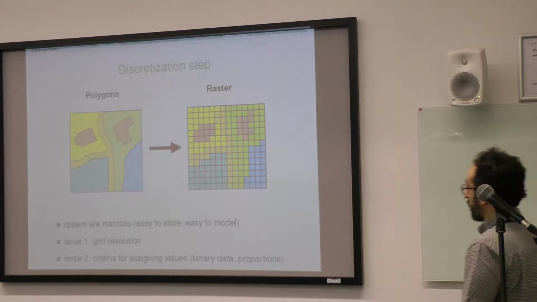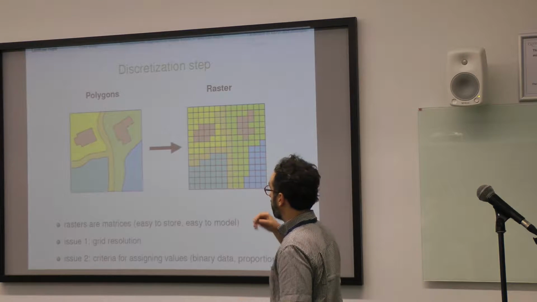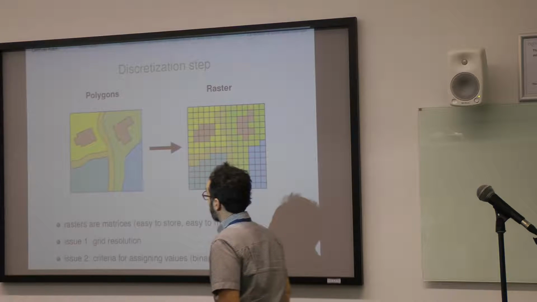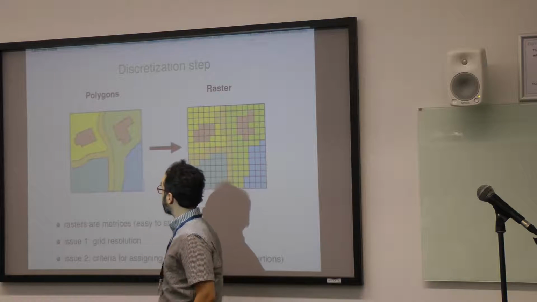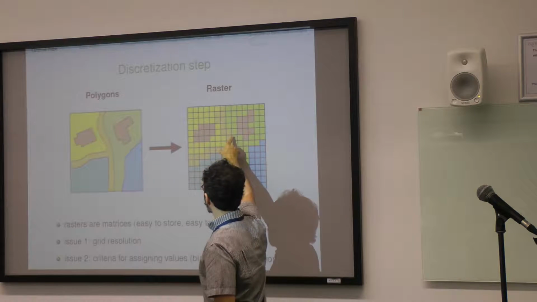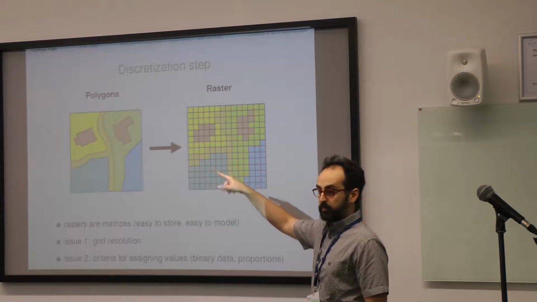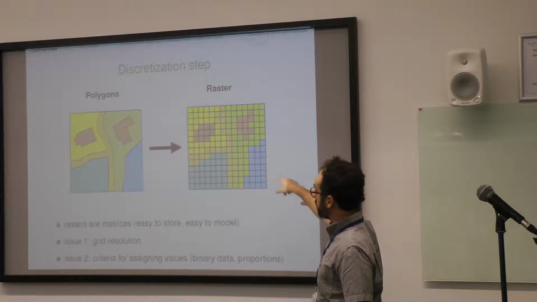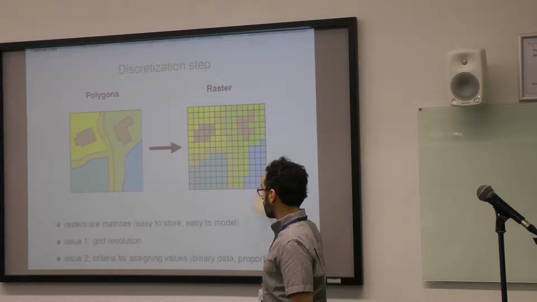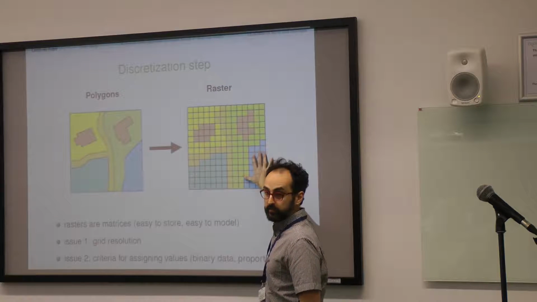But for statistical purposes, what you have to do is rasterize these datasets. Here is a toy example. You have maps of polygons, such as roads and buildings, and you have to transform these maps of polygons into this grid structure dataset. This is easy to store because it is just a matrix of numbers.